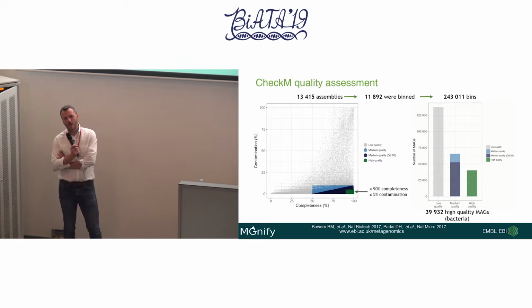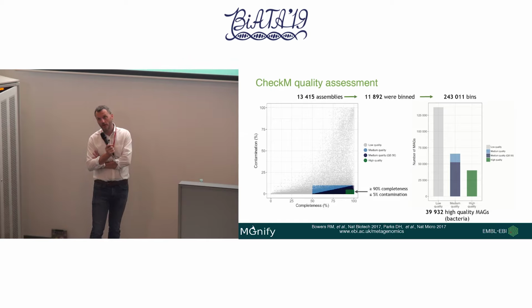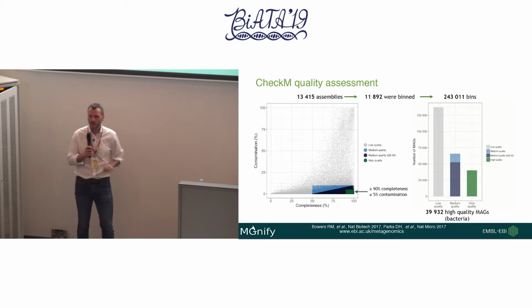There are two questions: are you trying to refine them, i.e. remove contigs that potentially shouldn't be there, or are you trying to take two bins and join them together? For the first part, MetaWRAP does this refinement process of throwing away contigs.